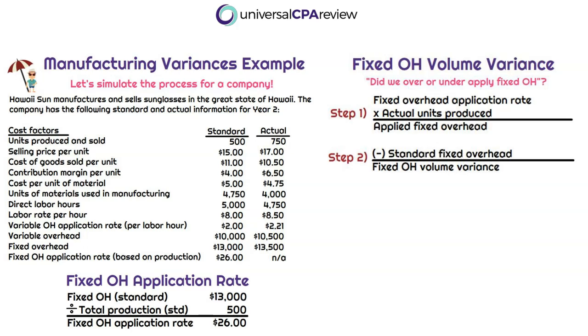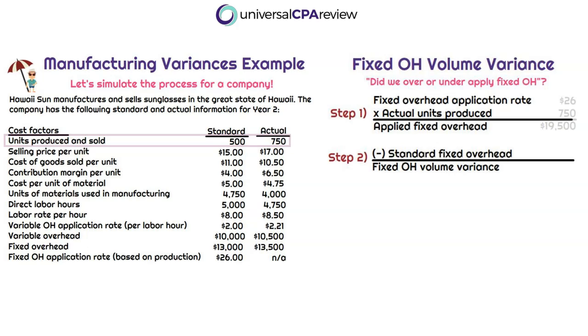So if we do the division there, that actually gets us back to the $26 application rate, which is the standard for fixed overhead. Now we multiply that by actual units of production, meaning if we base it on actual units, here's what the fixed overhead should have been, and this is what we would have applied. And so $26 of an application rate times 750 units, that equals applied fixed overhead of 19,500.